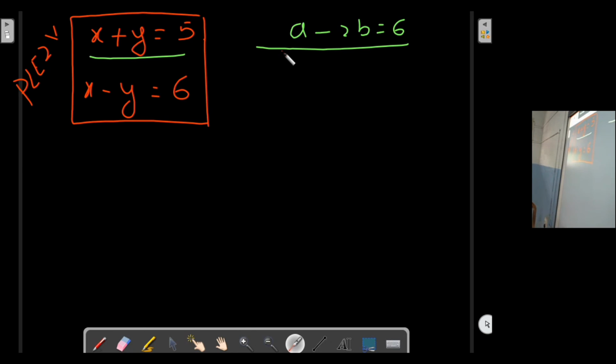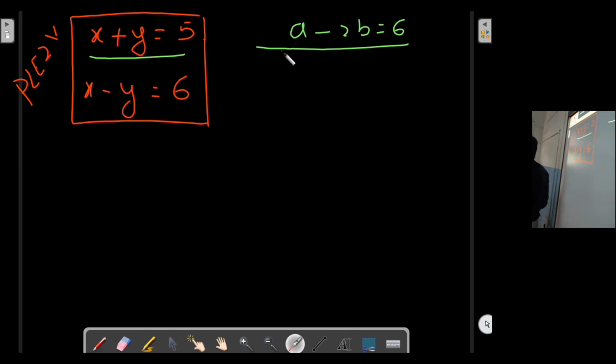What is the reason? Different criteria. Same criteria, same category, then only we can call it a pair. Understood? Any doubts here?